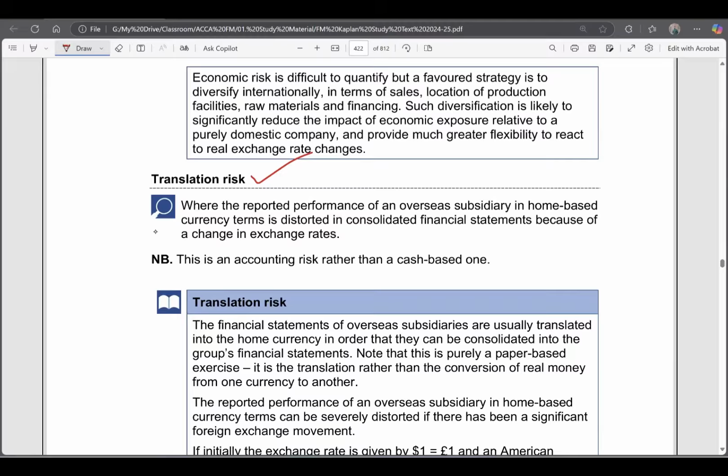Okay, let's say we have a business in the UAE, but our main production plant is in India. So by the end of the day, when we are going to prepare our financial statement, we have to show all the assets in our financial statements, including the factory in India.